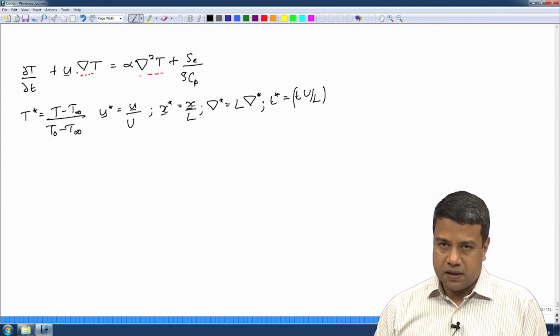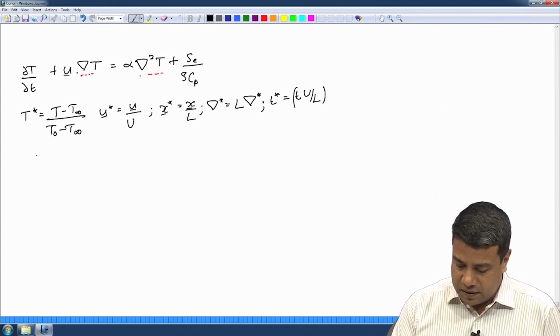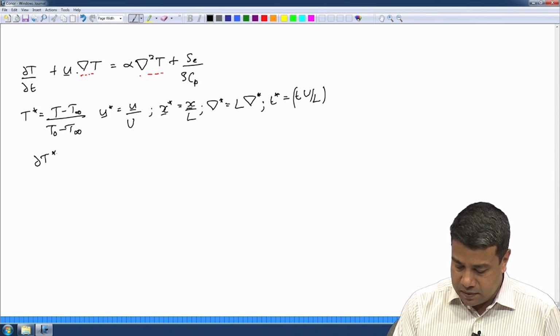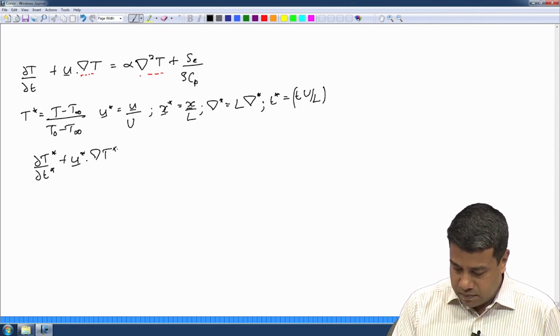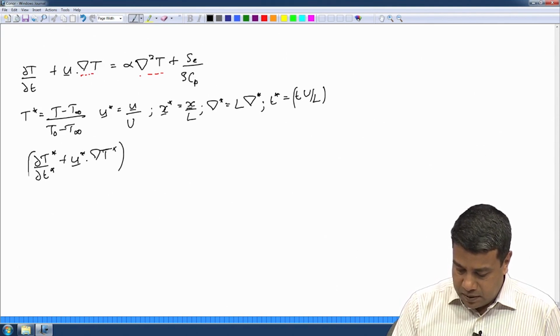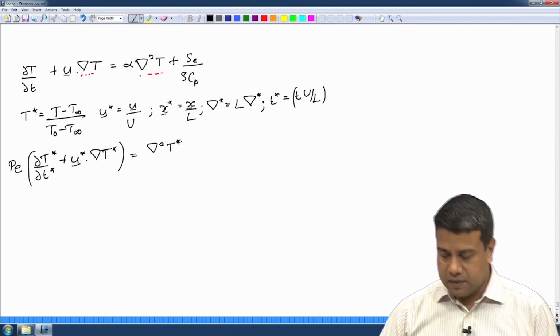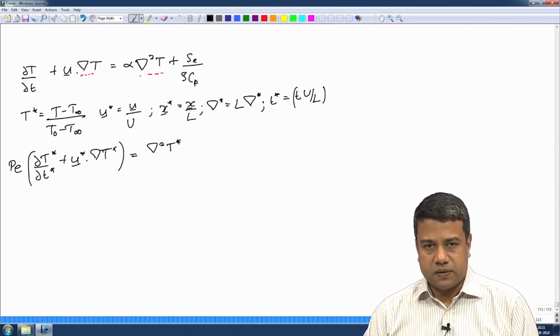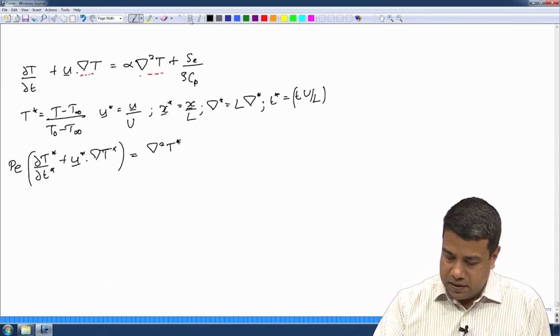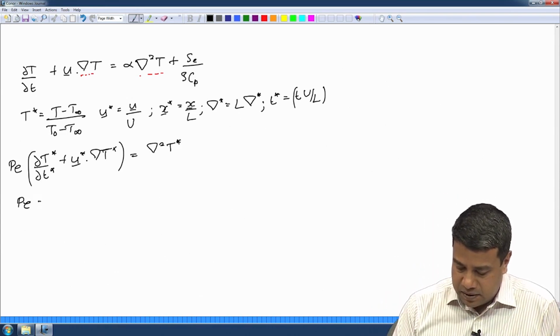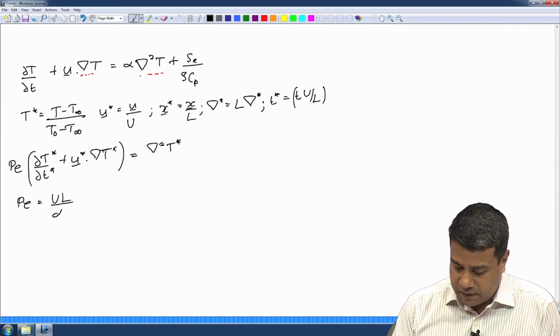And then I had shown you that the temperature field equation reduces to this multiplied by a Peclet number is equal to del square T star, if we have no sources or sinks. And the Peclet number is equal to u L by alpha.